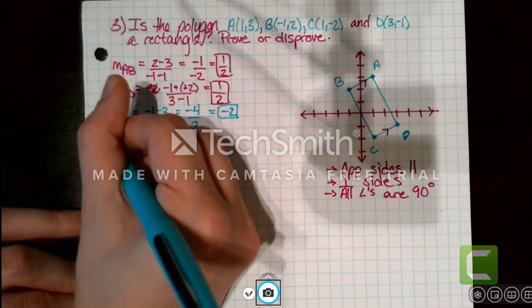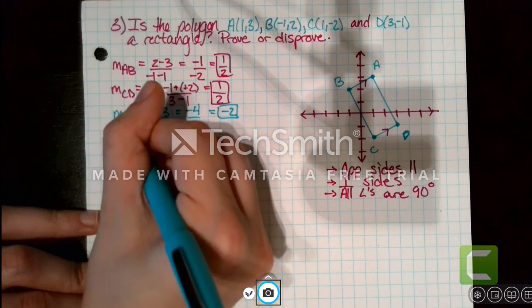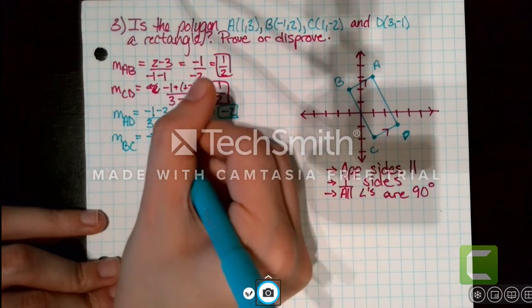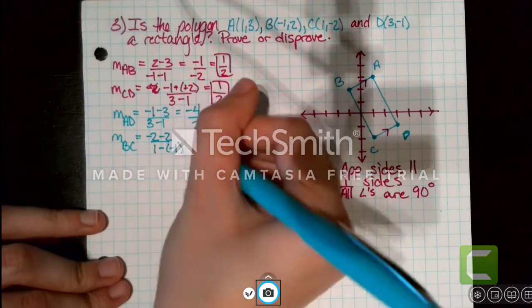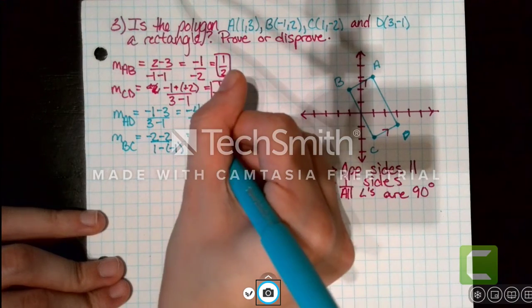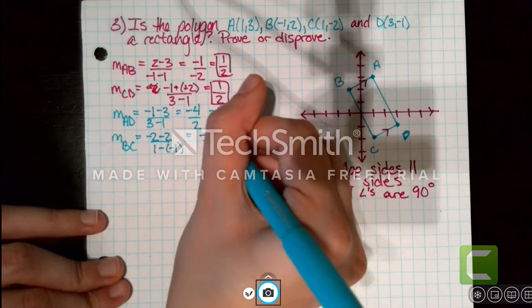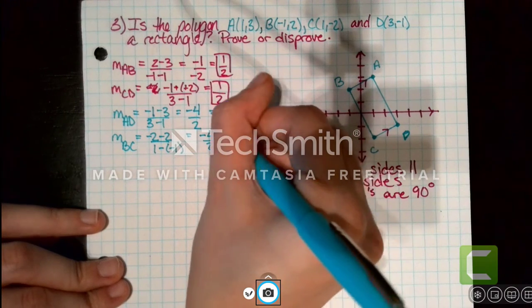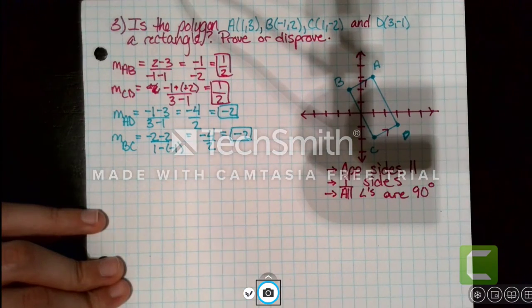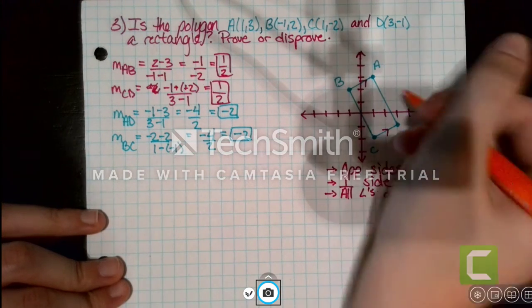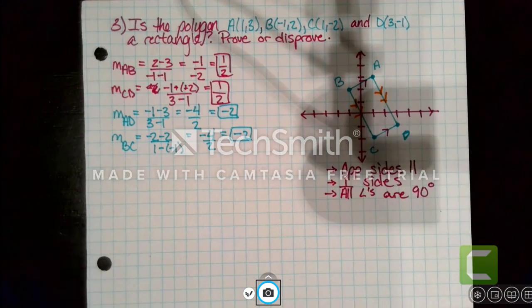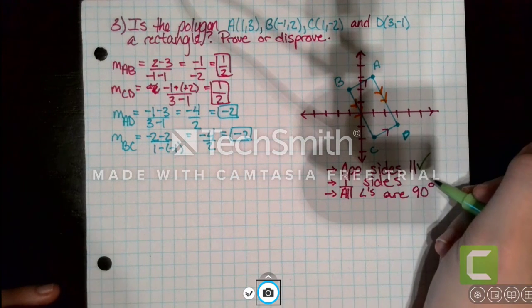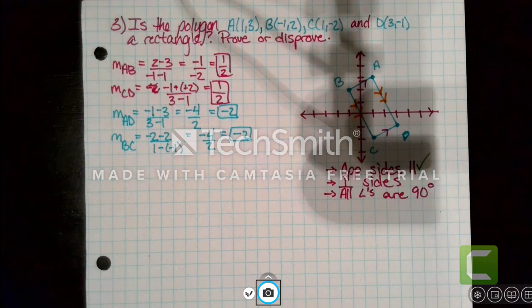And finally, the slope of BC is equal to -2 minus 2 divided by 1 minus -1, getting us -4 over 2 for a final slope value of -2. Again, with this we've just proven that AD is parallel to BC. So we can claim algebraically that opposite sides are parallel. Now we need to prove perpendicular.